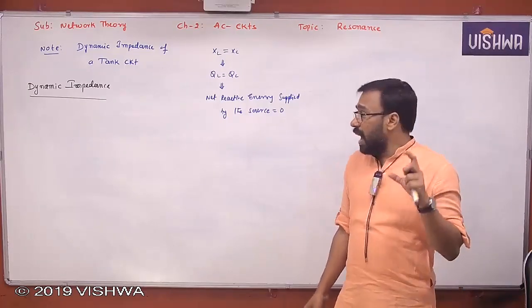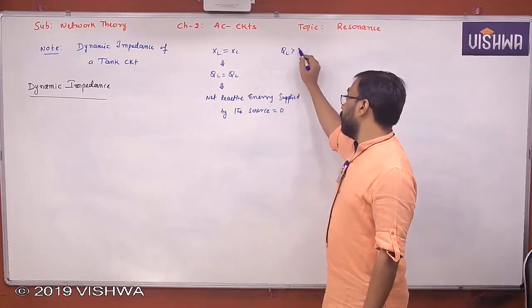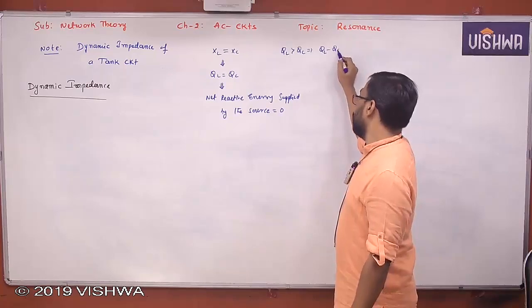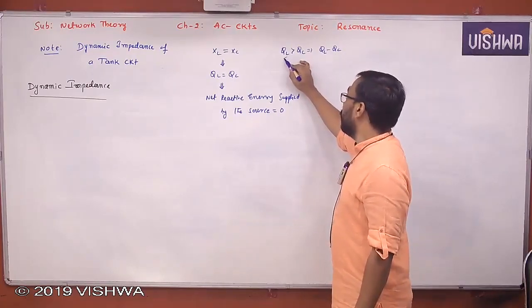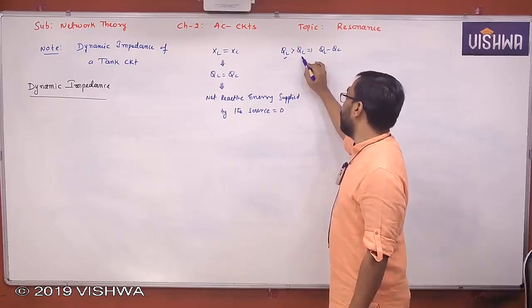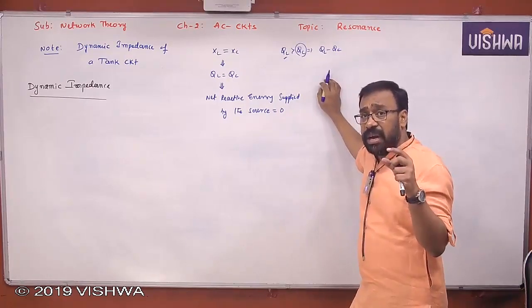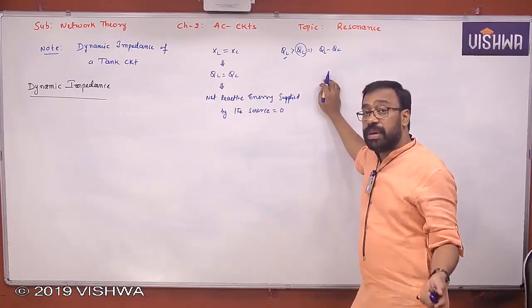When QL is greater than QC, that means XL is greater than XC, then QL minus QC is the reactive power demand. A part of QL is met by the capacitance, but the remaining reactive power is supplied by the source only.